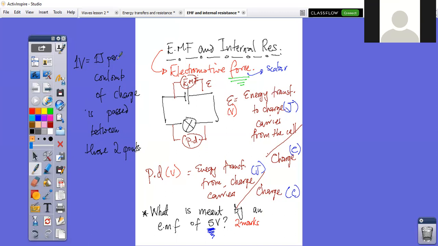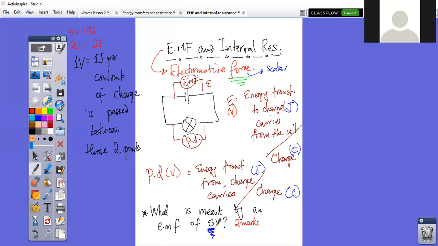If this was 2 volts, then it would be 2 joules per coulomb. If this was 3 volts, 3 joules per coulomb, because the volt has the units joules per coulomb. How many joules per 1 coulomb? That's what this unit means here. Do you understand that? Yes.